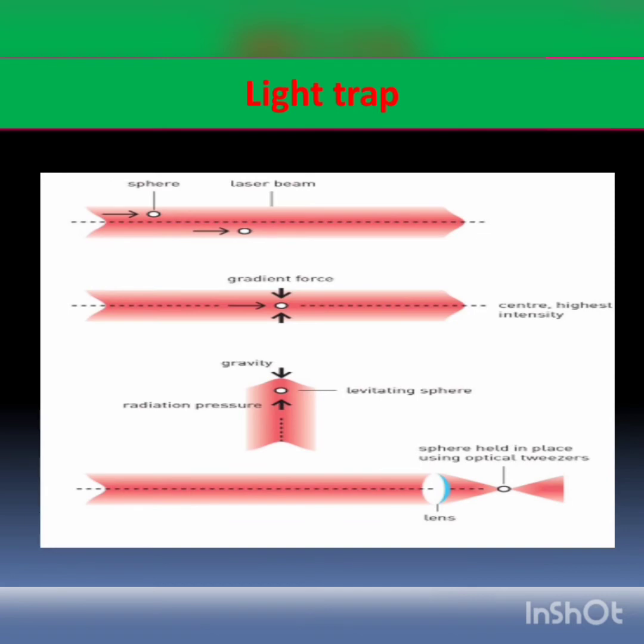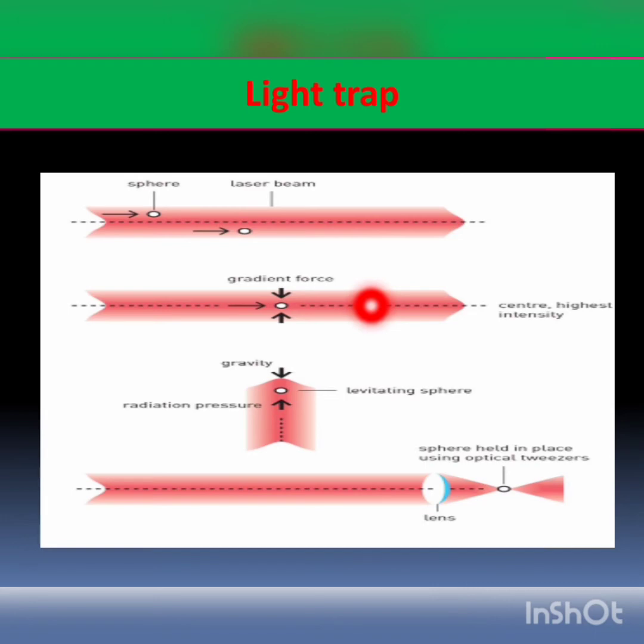The first image shows small transparent spheres set in motion when they are illuminated with laser light. Their speed corresponds to Ashkin's theoretical estimation, demonstrating that it really is radiation pressure pushing them. The next image shows one unexpected effect: the gradient force that pushes the spheres towards the center of the beam, where the light is most intense.